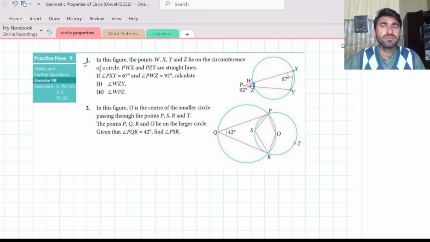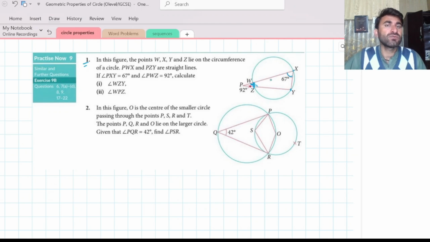So first it is stated that PXY is 67 degree. It is mentioned over here in the diagram, and PWZ is 92 degree, and it is mentioned over here in the diagram. We have to calculate WZY, and it is angle over here between the chord WZ and ZY.